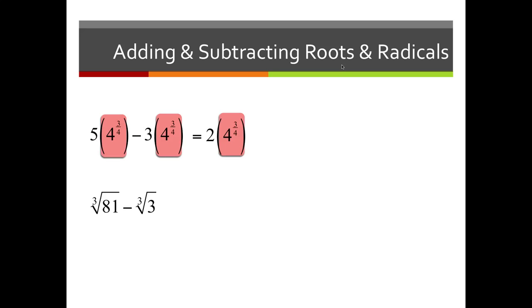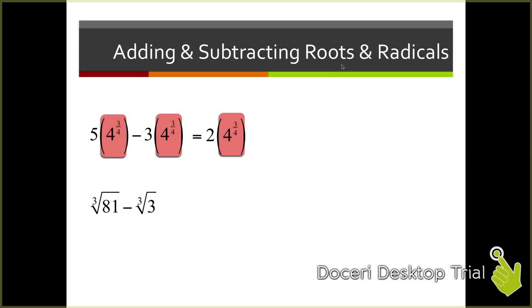So you can kind of think of these like exponential terms, kind of like having an x. If I asked you what 5x minus 3x was, you would tell me it was 2x. Like terms, same variable, we can subtract them. But what's really happening is that we're saying they both have a common factor of x.